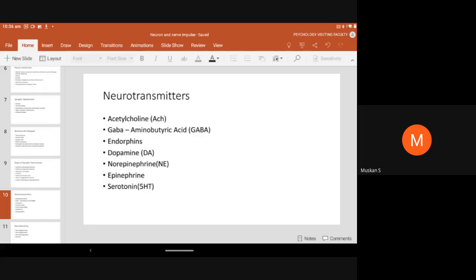So some drugs may act as an agonist, that is, the chemical substance may imitate or increase the effect of this neurotransmitter on the receptor sites of the next cell, thereby increasing or decreasing the activity of the cell.